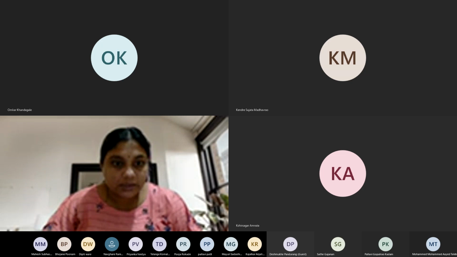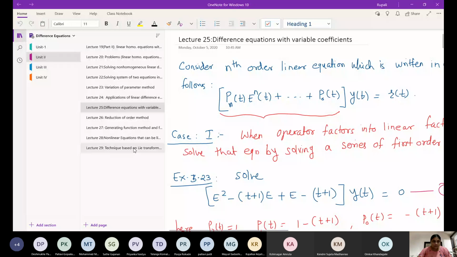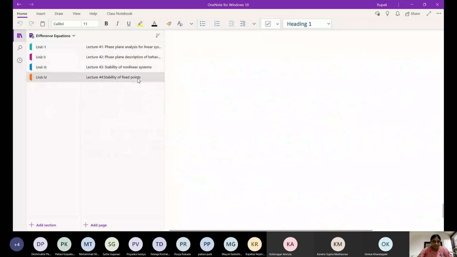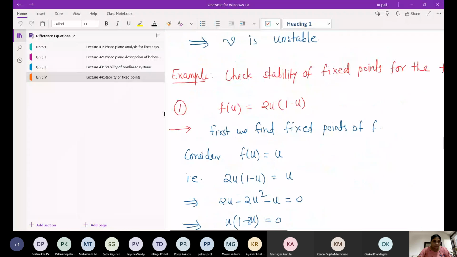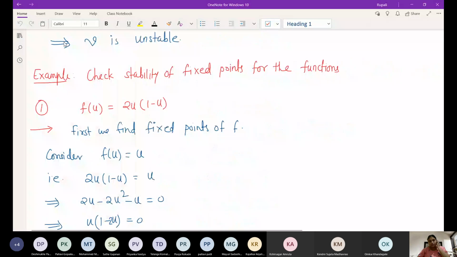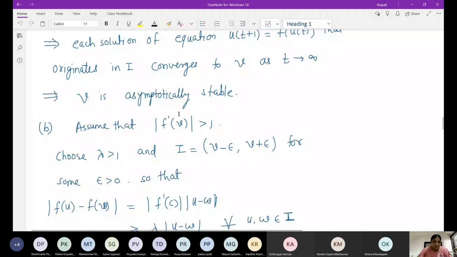So, in yesterday's lecture, we have seen stability of fixed points. We have seen a theorem also. First, we have seen some definitions.